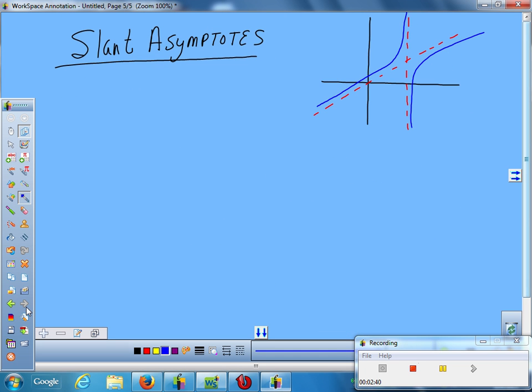Where does that show up? Not real frequently, but occasionally. It's just if your numerator has a higher power than your denominator, it can happen.